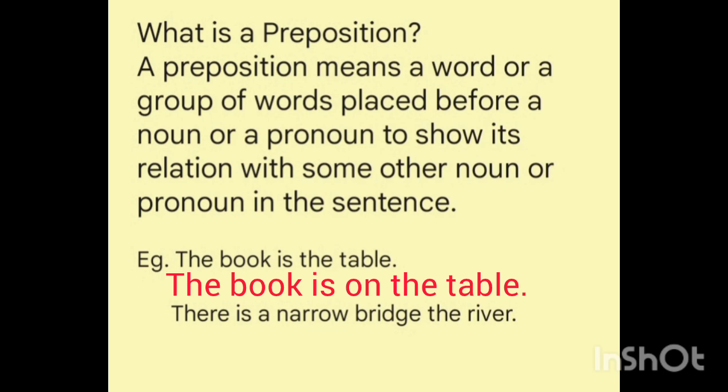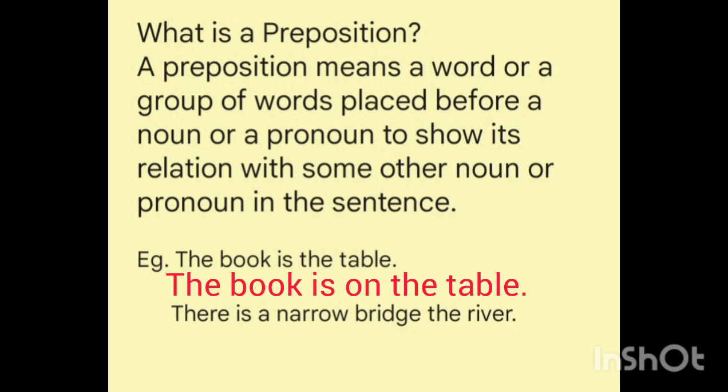The correct way of writing is the book is on the table. When we say the book is on the table, we come to know the relationship between the book and the table. The position of the book, where the book is kept, it is kept on the table. Here, the word on is the preposition.